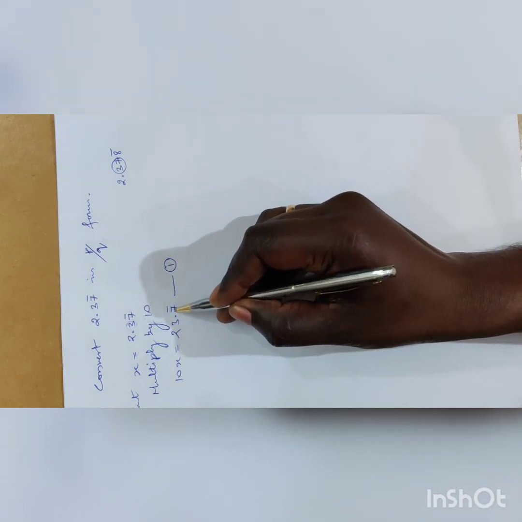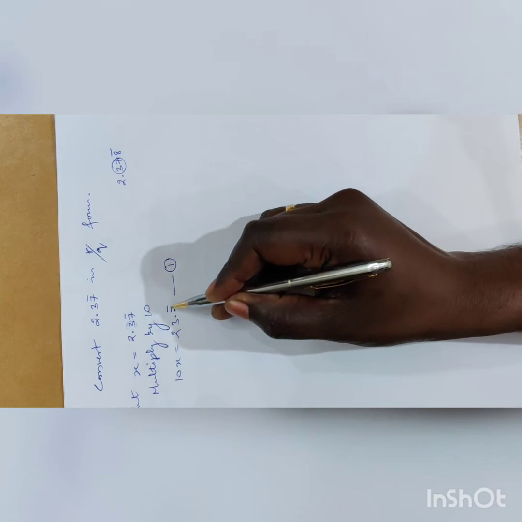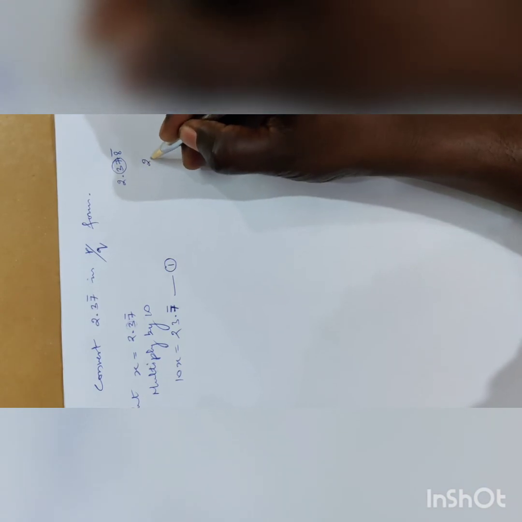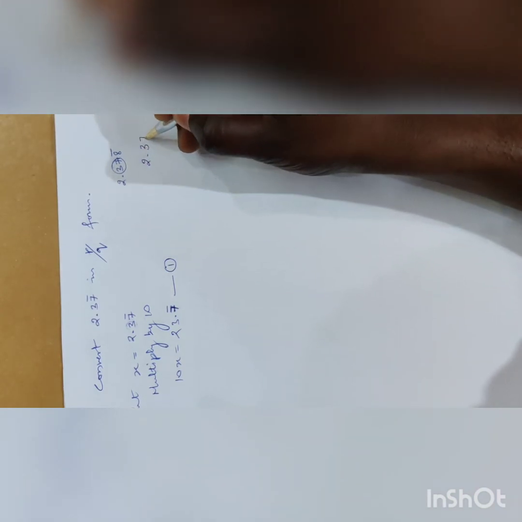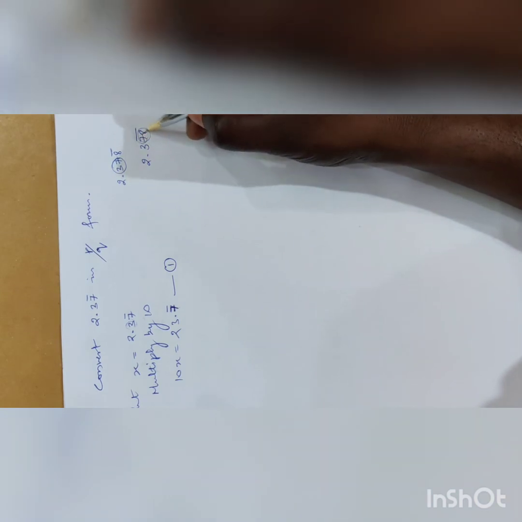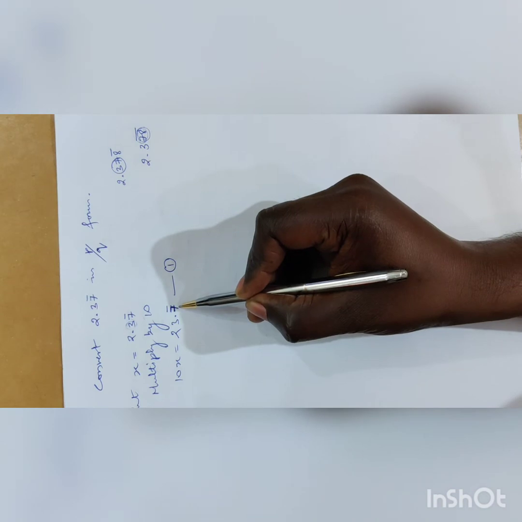Under the bar I have only one digit which is repeating. Another example, suppose you have 2.378 bar. Under the set of repeating digits I have two digits. In this case I have only one digit.